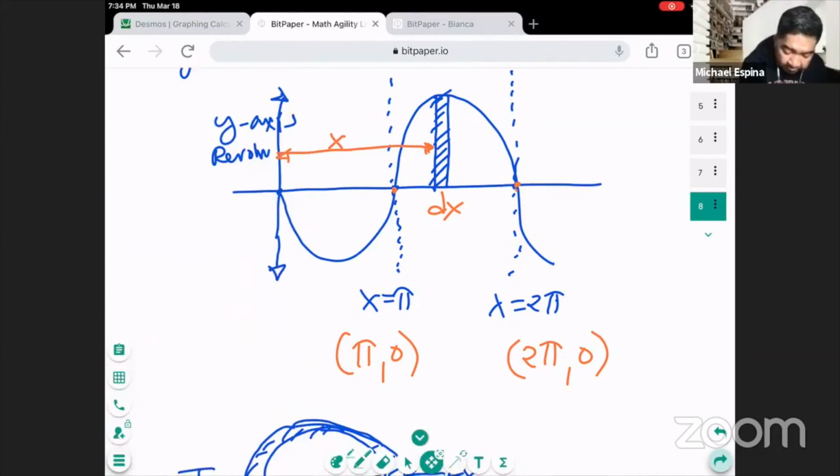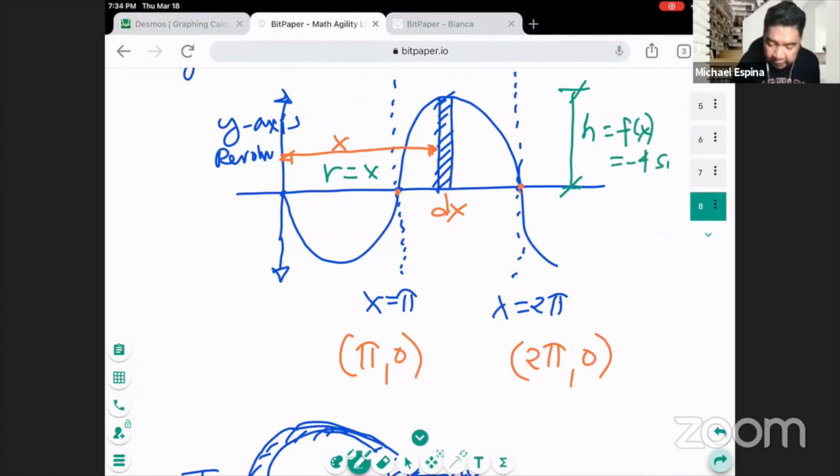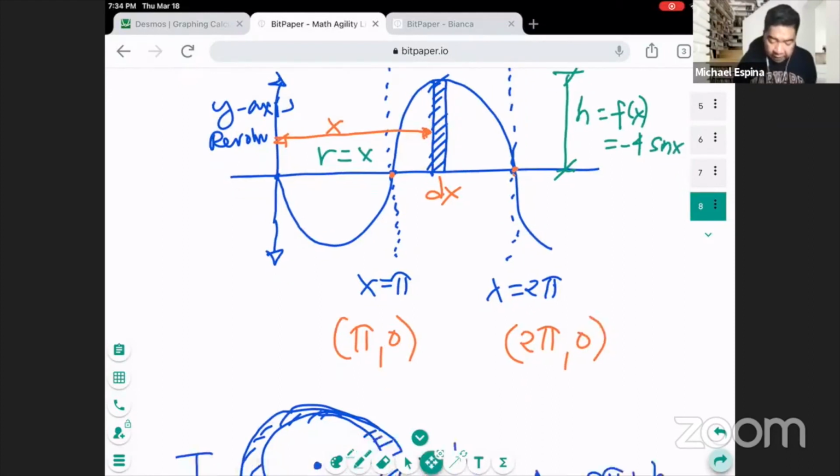So this is your R, which is equal to x, and the height is your f of x, or the negative 4 sine x, right? So let's form our integrand.